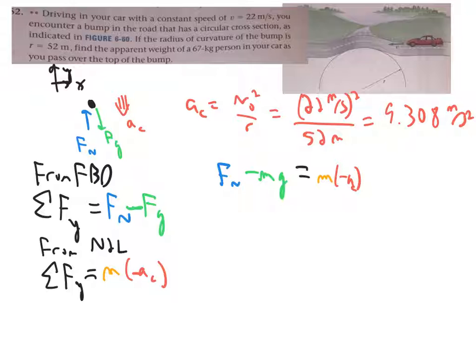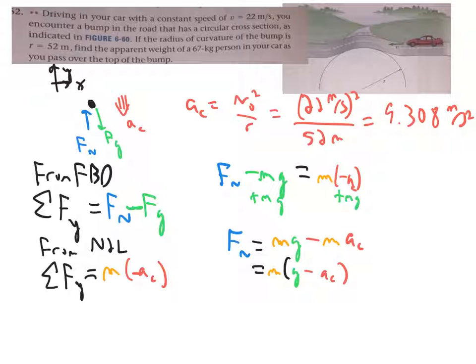We're looking for Fn, so I'm now going to solve this by adding mg to both sides, and we get that the normal force the person suffers is their mass times g minus their mass times ac. Or really, we'd probably combine that. So we would have just their total mass times the difference between g and how much they're actually being accelerated downward.